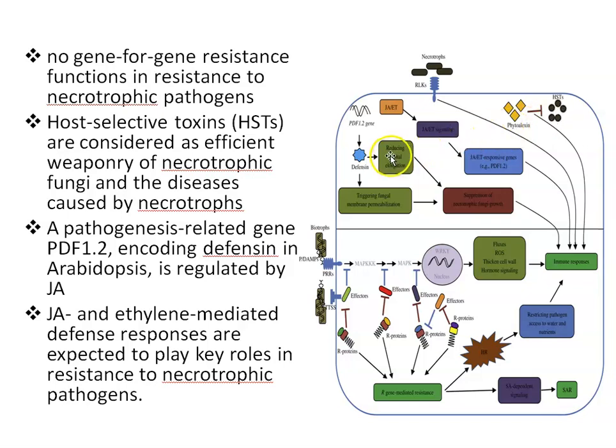In plants, a group of small cysteine-rich proteins called defensins display antimicrobial activities, and these defensins are encoded by pathogenesis related genes, that is PDF1.2 genes here. The function of these defensins is to reduce hyphal elongation and trigger fungal membrane permeability, and all this leads to suppression of necrotrophic fungi growth.